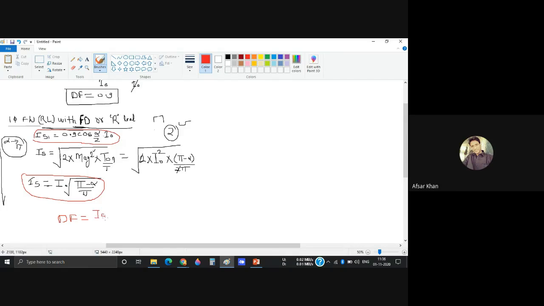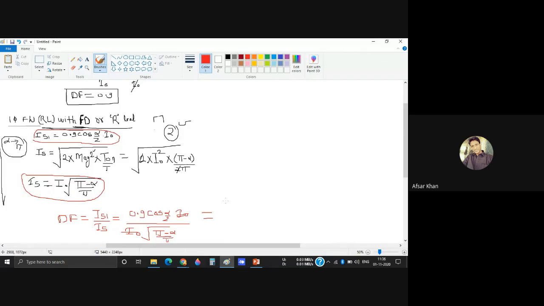And what is IS1? 0.9 cos alpha by 2 into I naught, divided by I naught under root of pi minus alpha by pi. I naught will get cancelled.